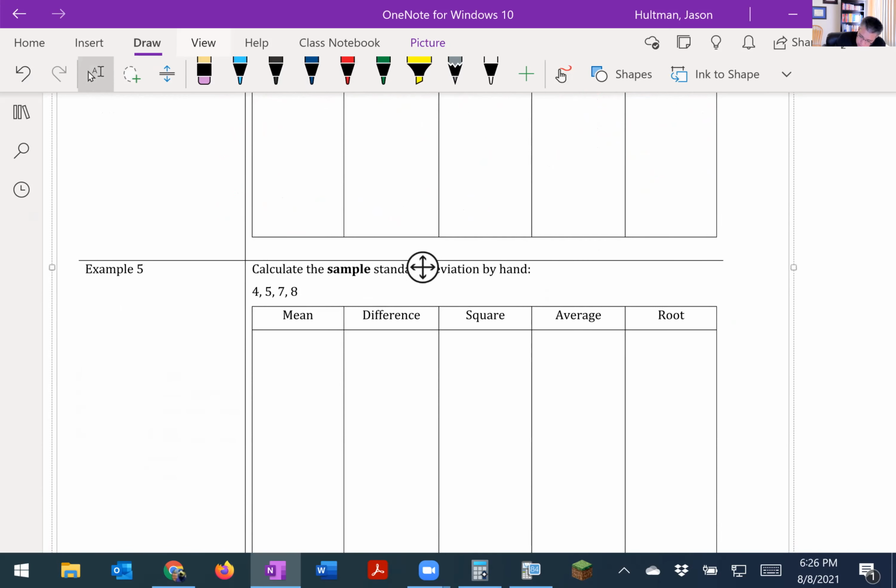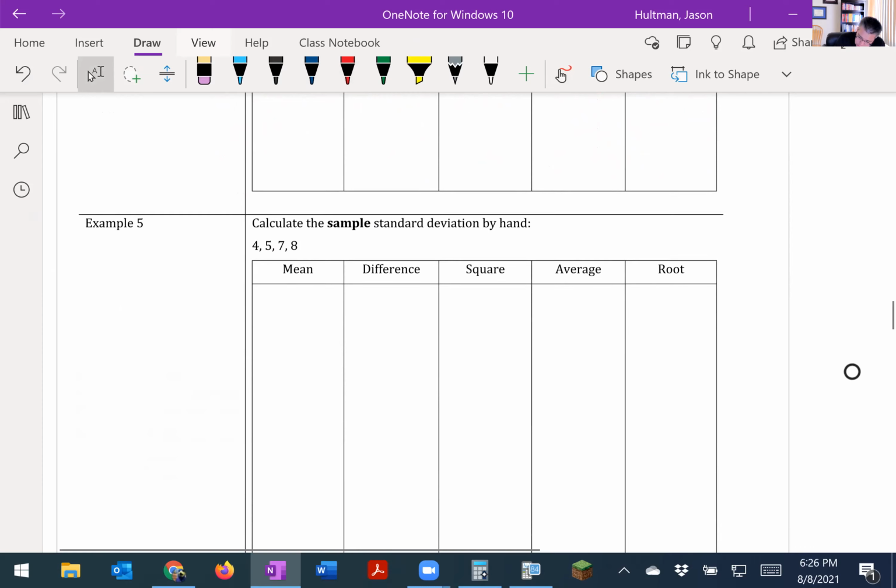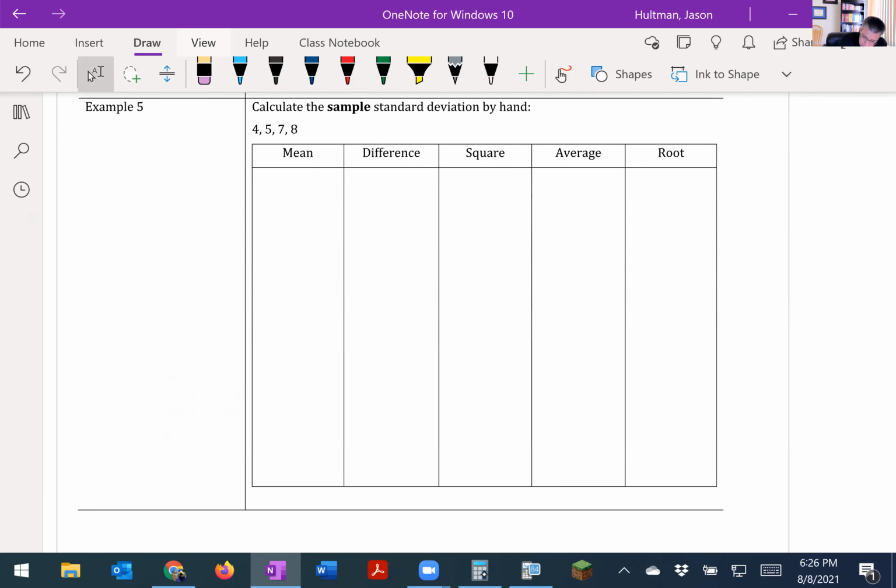Okay, let's do one last one here. This is calculate the sample standard deviation by hand again. So we're going to find the mean, X bar: 4 plus 5 plus 7 plus 8 over 4. That's going to be 9 plus 7 is 16 plus 8 is 24. 24 over 4 is 6, so X bar is 6.